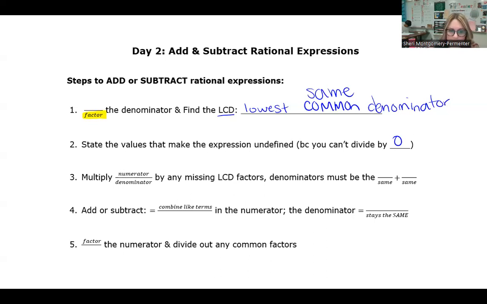Then we're going to multiply by any missing LCD factors. Another thing, the denominators must be the same.